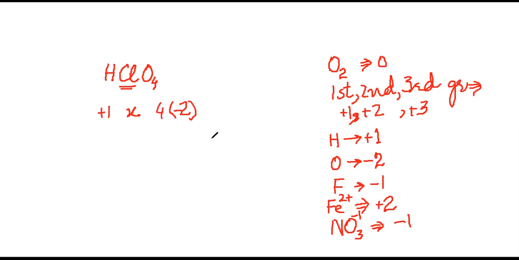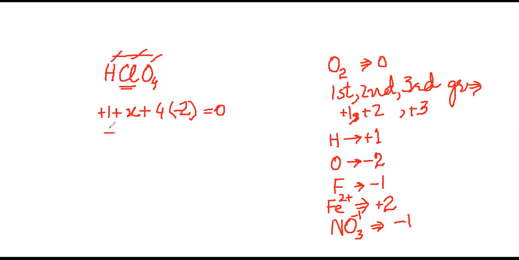Okay, friends, the oxidation numbers of all elements here, hydrogen, chlorine and oxygen, when we add all these oxidation numbers, the sum must be equal to 0 because it is a neutral compound.